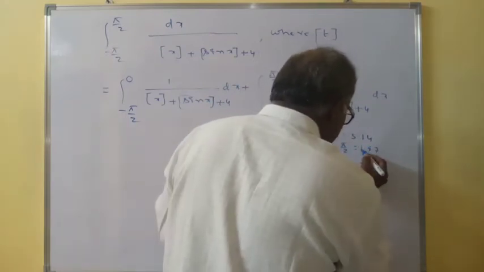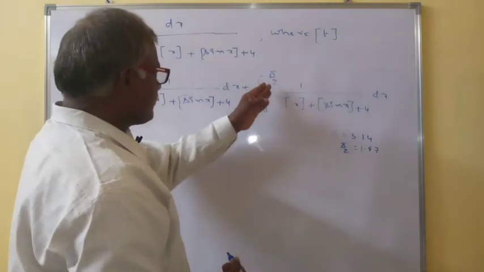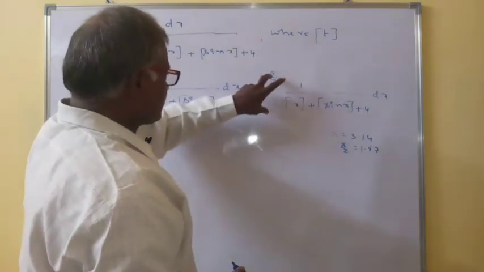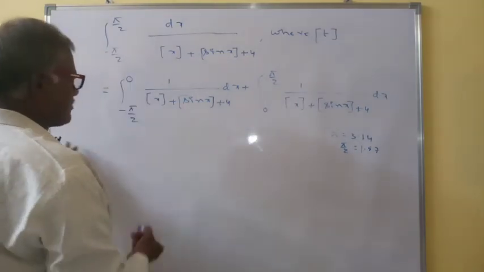We have to consider 1.5, so 0 to 1.5, that is one interval, and again minus 1.5 to 0 is another interval.